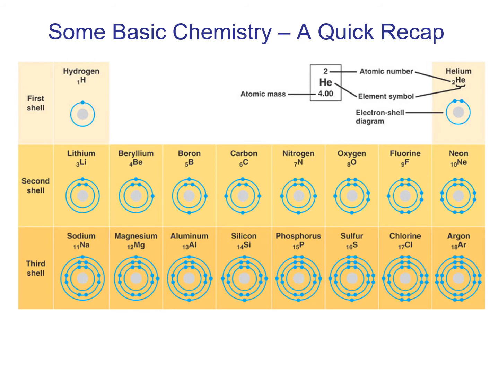That outer shell should contain 8 to be stable. It can give up 4, it can gain 4. Both of those are kind of unlikely. What's more likely to happen is it will share 4 electrons with something else. And that will effectively fill the outer shell.